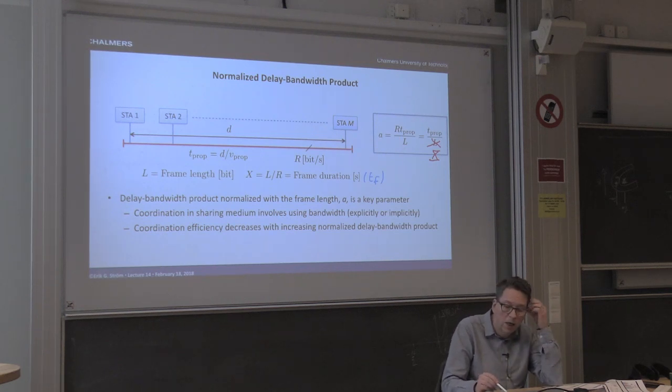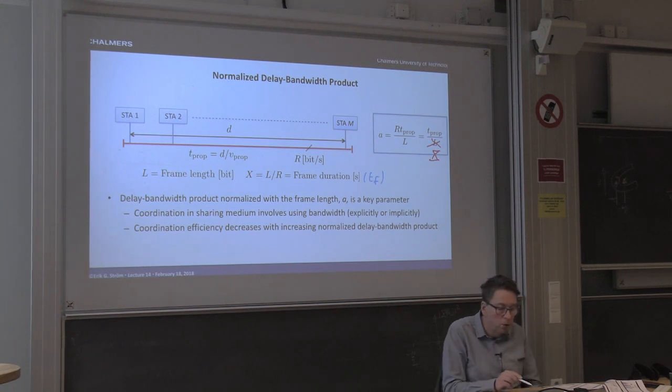We see that this is some type of delay bandwidth product. Bandwidth, in the computer science nomenclature, is bit rate, right? Bit rate times some delay, and then it's normalized with the length of a frame in bits.